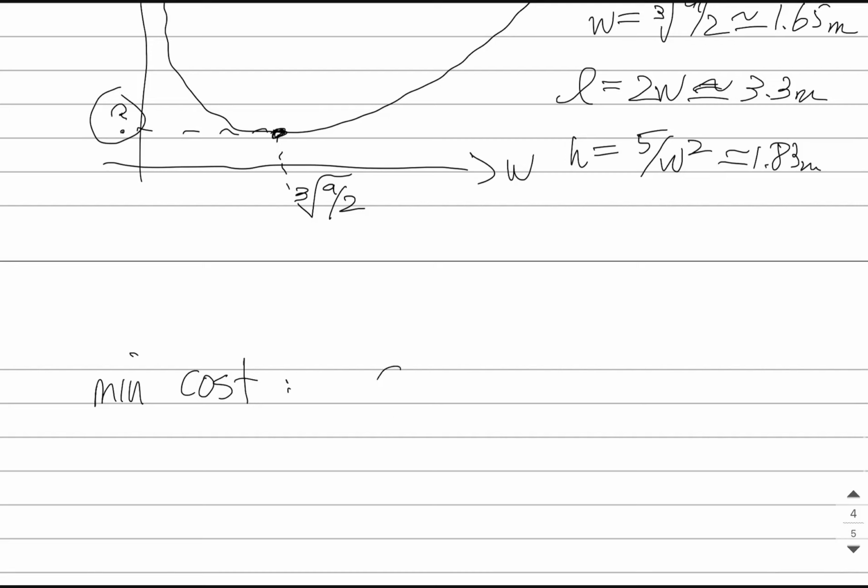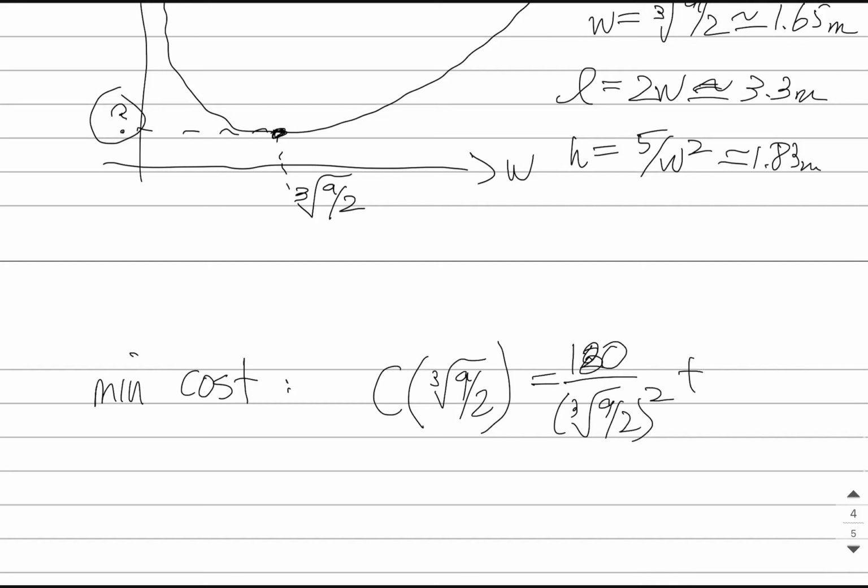So what you do is you take the original cost function and you plug in the cube root of 9 over 2. So it'll be 180 over the cube root of 9 halves. Oh, sorry, not squared, just 1 over. Plus 20 times the cube root of 9 over 2 squared. And this one you can take a calculator and crunch it out however you'd like.